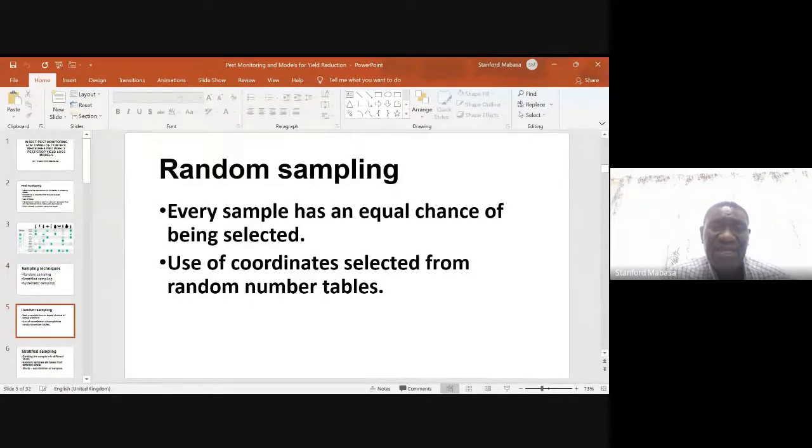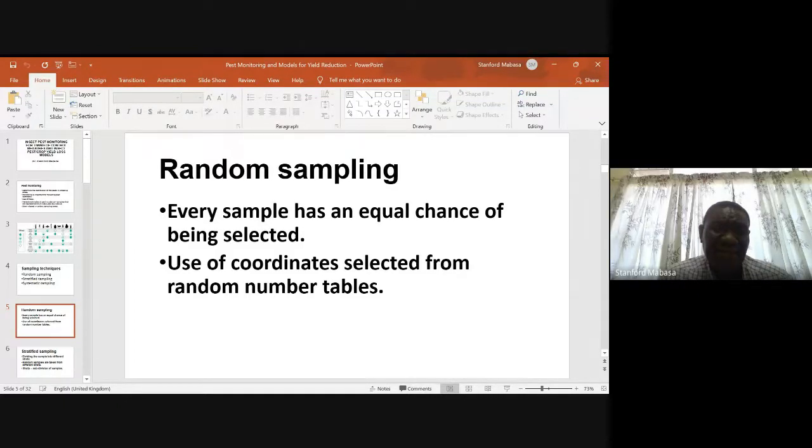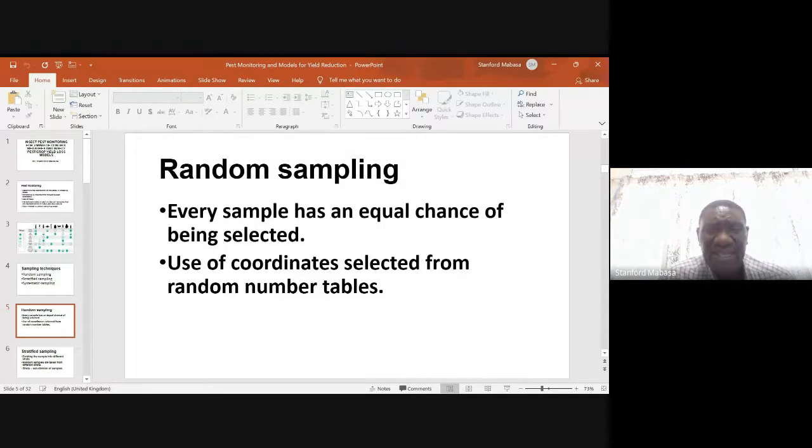Now let us look at what we can be doing when we use random sampling. In this exercise, every sample has an equal chance of being selected. We can use coordinates selected from random number tables.